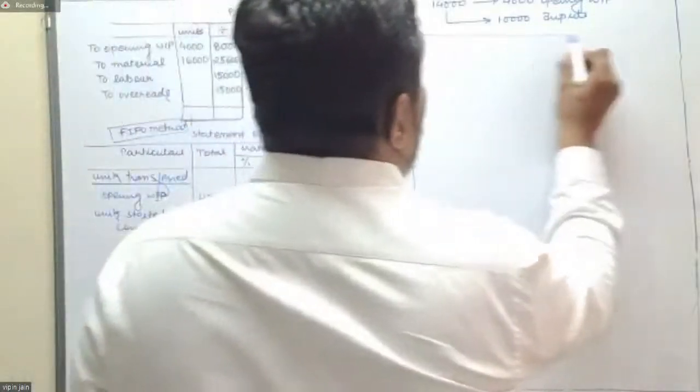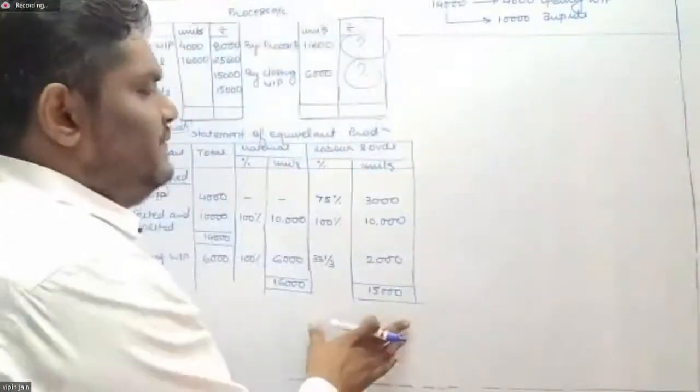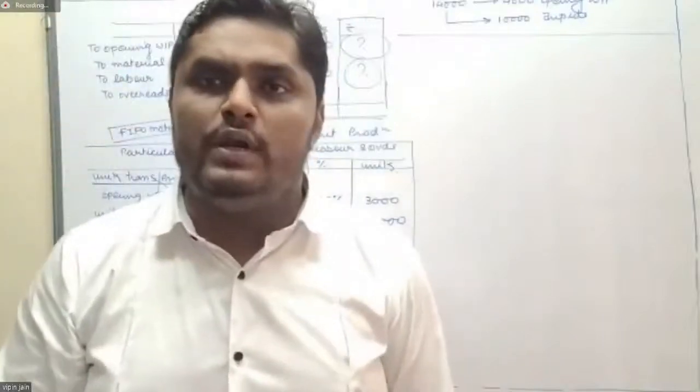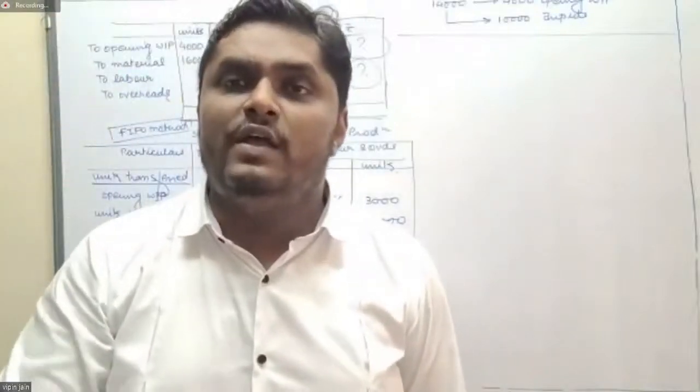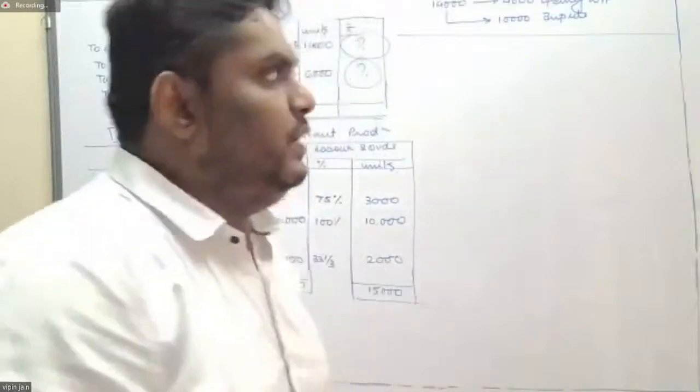Now, since we have got the equivalent number of units, let's proceed further with calculation of cost per unit.